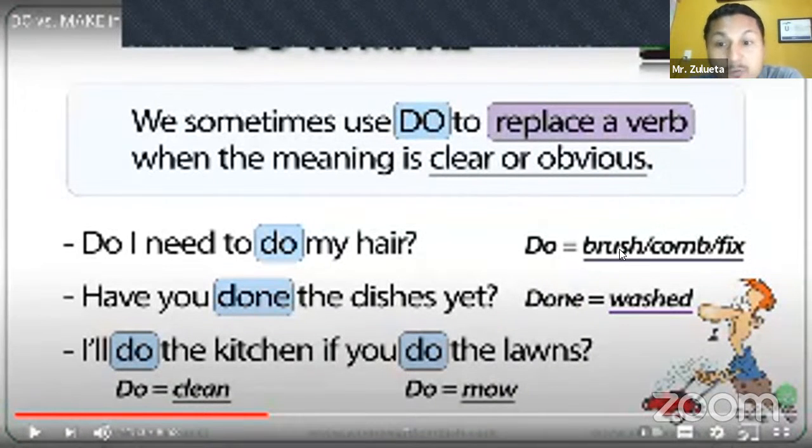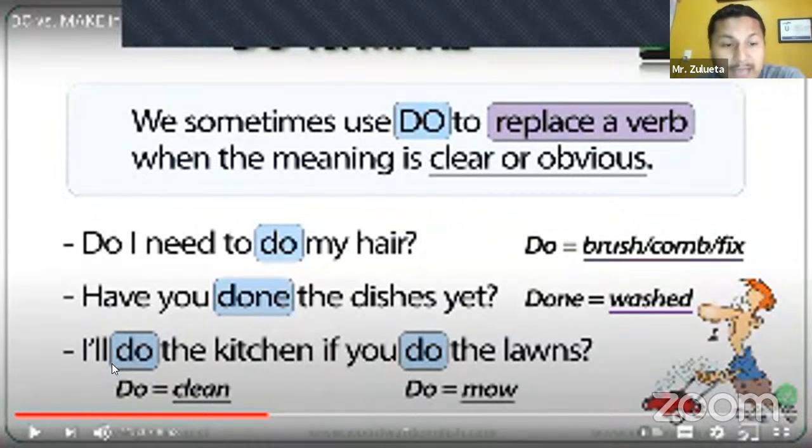Si no quieres, if you do not want to be specific, then you can use the verb do, all right? Here, have you done the dishes yet? It replaces, what do you do with the dishes? Well, you wash the dishes, okay? So if you don't want to use wash, you can use the verb do. Of course, pay attention to the verbal tense.